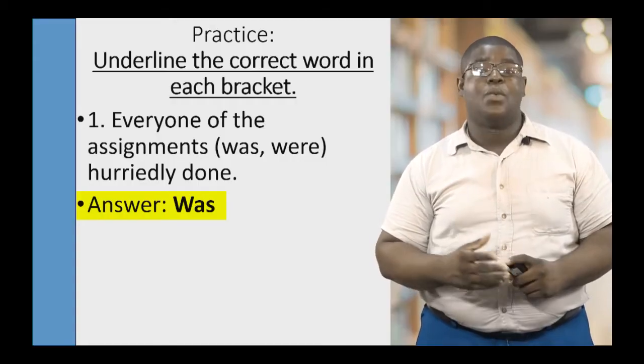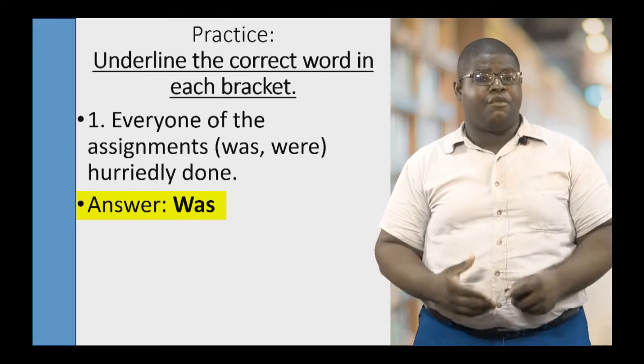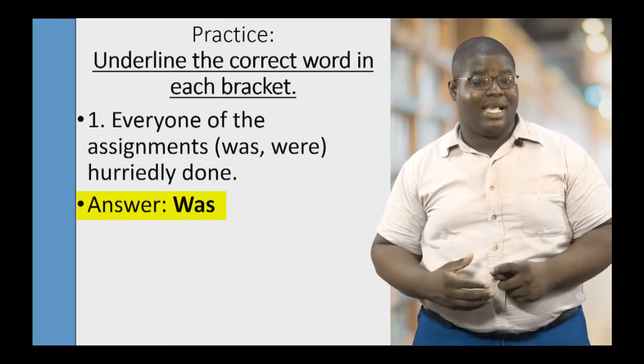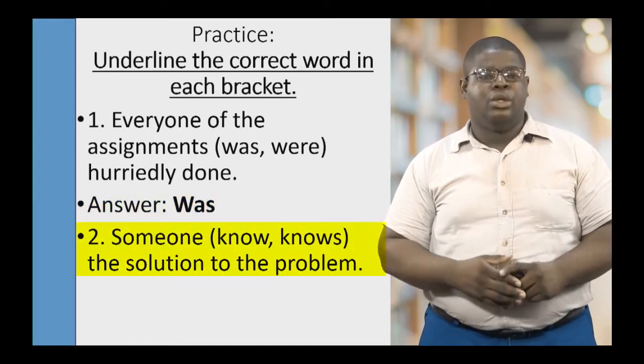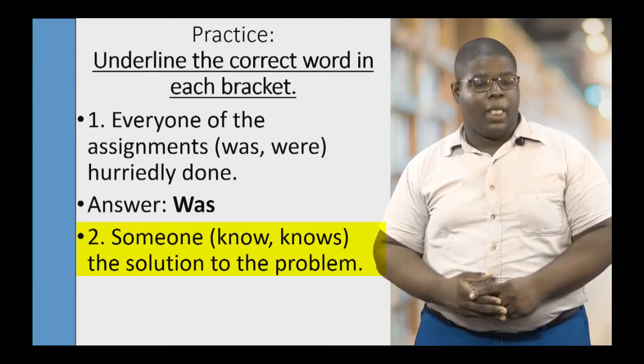Now, if you said was, you are correct because we have the definite pronoun everyone and it's followed by the singular verb, and the singular verb takes the S. Good job. Number 2, someone know or knows the solution to the problem.